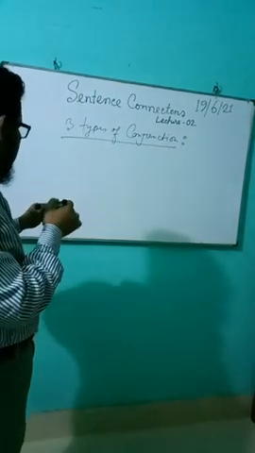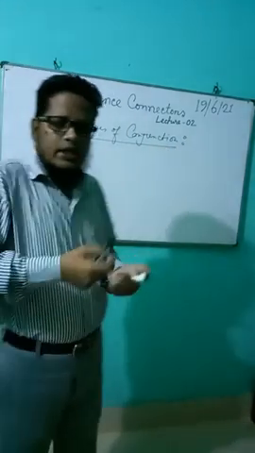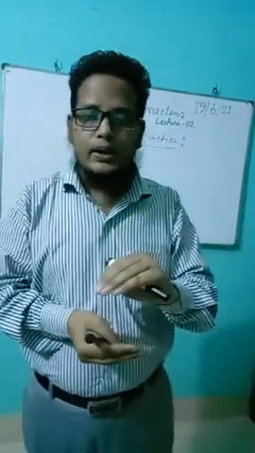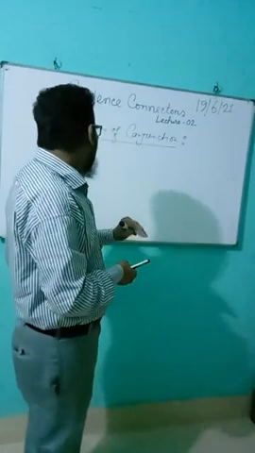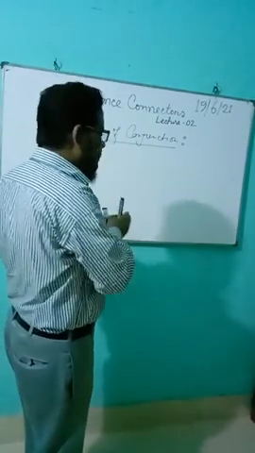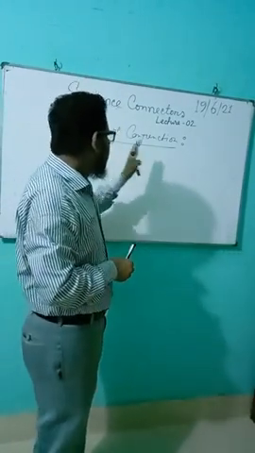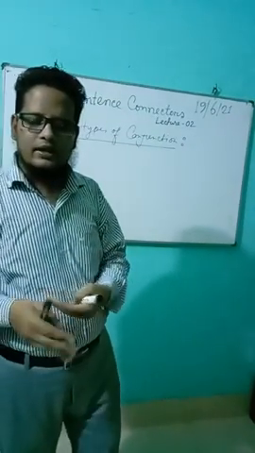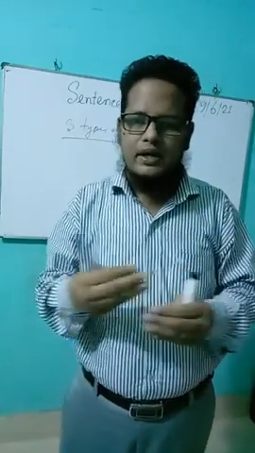I have told you that all the connectors belong to conjunction and all the linkers belong to conjunction. All three, conjunctions, linkers and connectors, are the same. I think the concept is very clear to all of you.